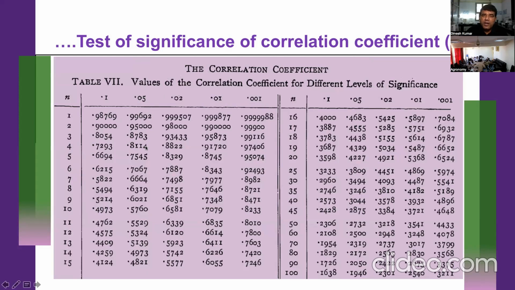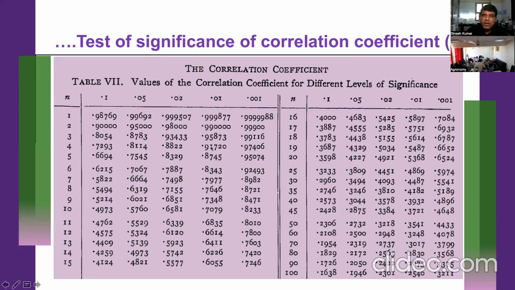If your calculated value of the coefficient of correlation is greater than this value, then it is significant at 5%. If it is less than that, then it is non-significant. Similarly, you can also see at 1%. At 1%, suppose it is 0.917.